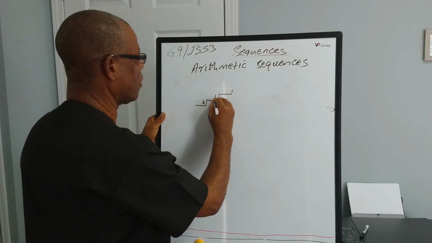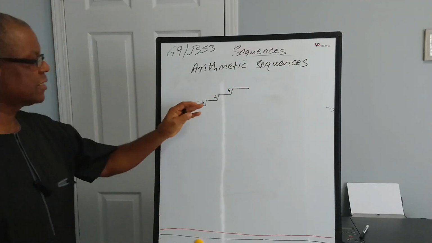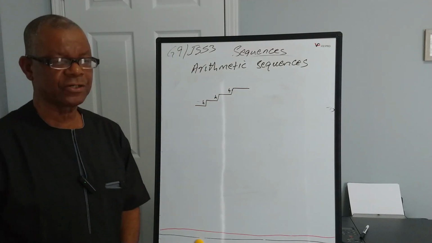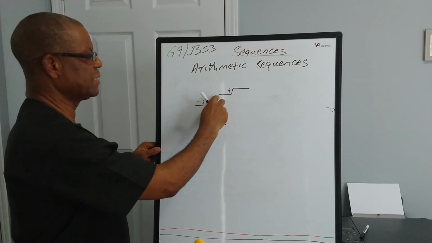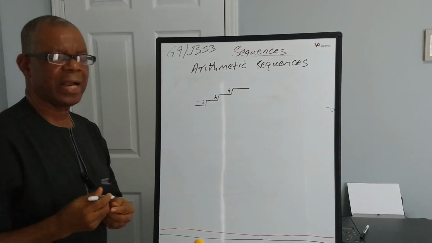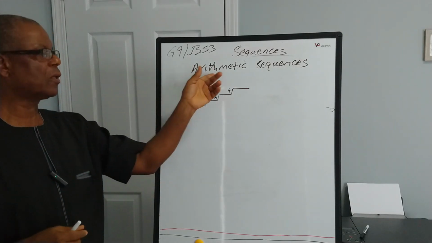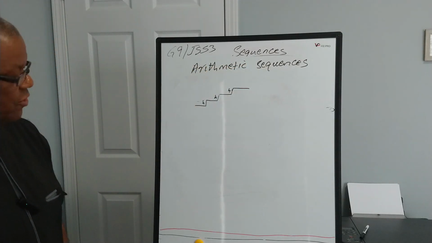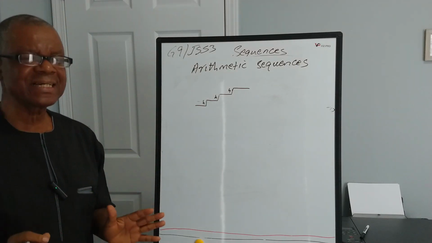The staircase is increasing by an equal step. This length, where I have written H, is equal. That is what an arithmetic sequence is talking about: a sequence that increases in an equal step.